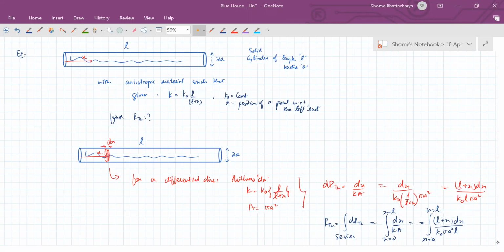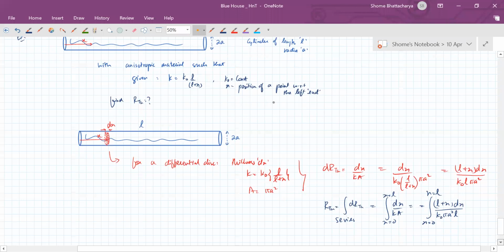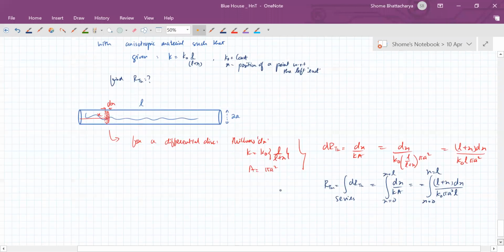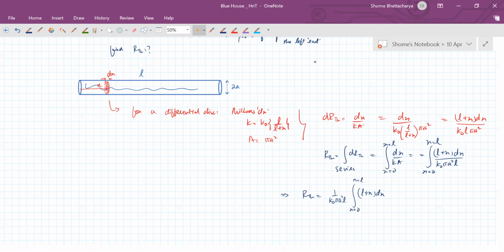So the question has to give us the value of how k is varying with x, like this. But once that is given, we just have to convert this to an integration. All the constants come outside, and it's a very simple integration.